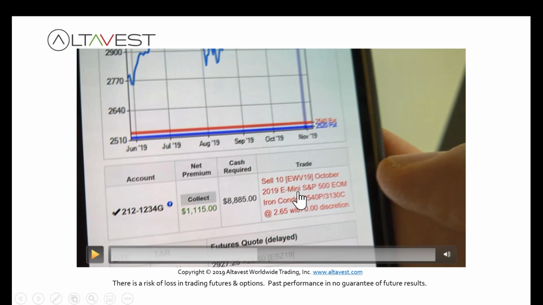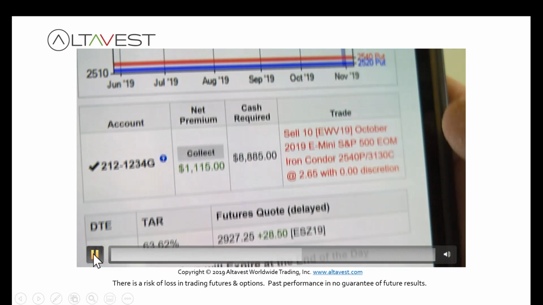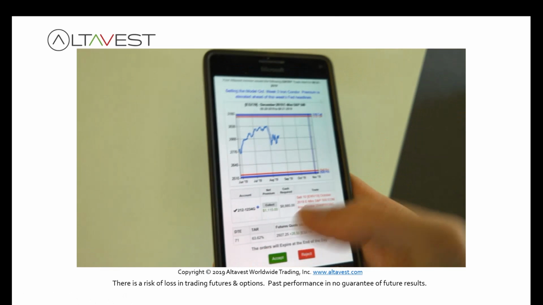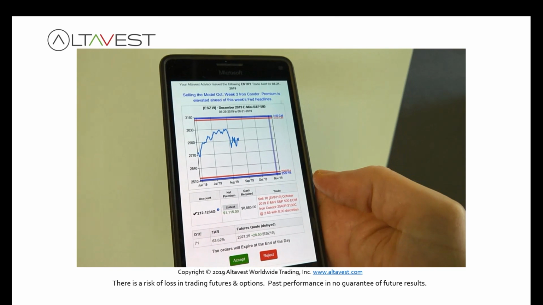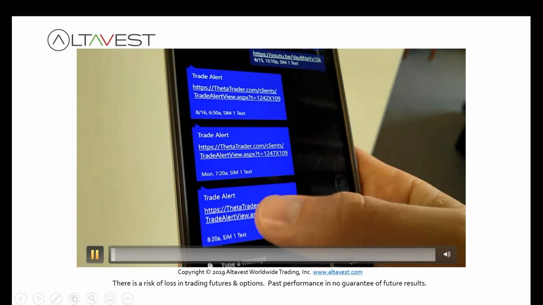It's automatically pre-sized with the correct quantity for your account. And then that's it. There's nothing to see, just a demo, but here, one more time and I'll be quiet.